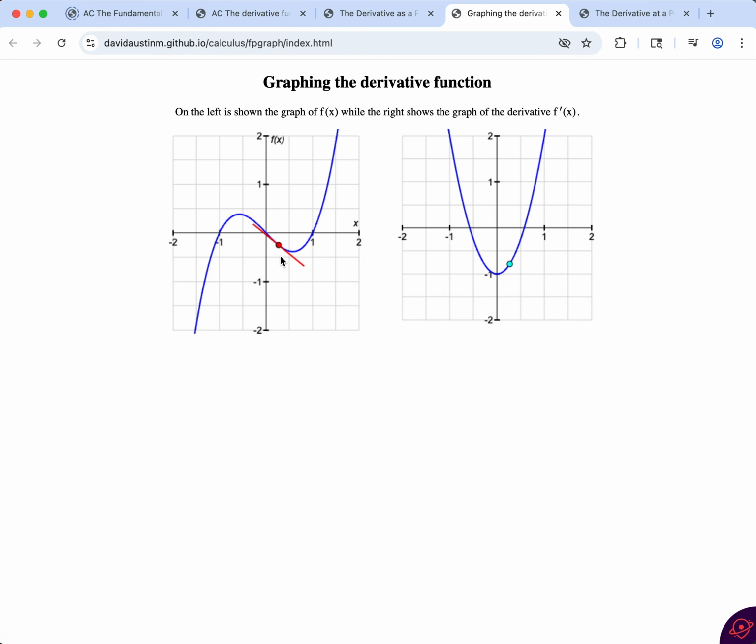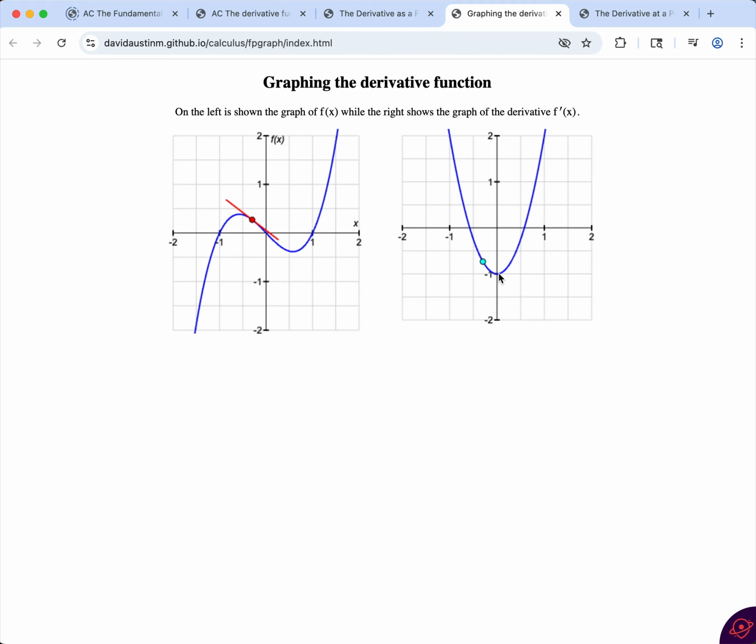So I just want you to see that we're graphing the slope as we move along the curve, and the slope goes from positive to 0 to negative to 0 to positive. Positive, real steep, a big slope, getting smaller and smaller, getting to 0. Notice the 0 was at that top point.